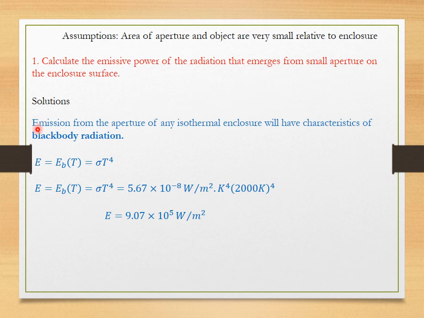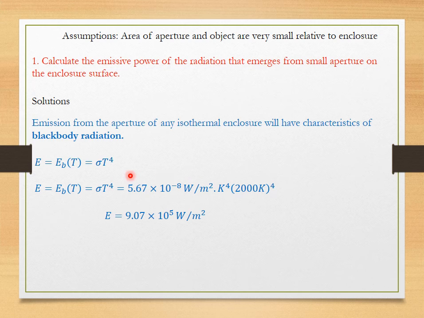So the solution: emission from the aperture of any isothermal enclosure will have the characteristic of blackbody radiation, meaning that it will give us the same equation as the emissive power of the blackbody, which is the Stefan-Boltzmann equation, sigma times the temperature T to the power of 4.